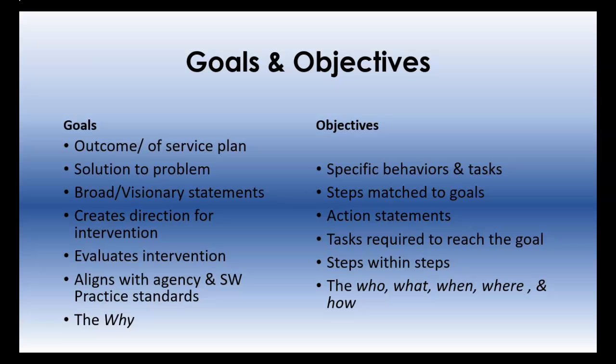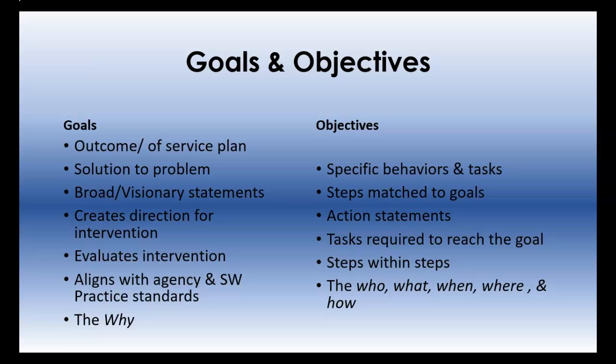A step underneath that objective would be to purchase the Association of Social Work Boards study guide. Taking a professional development or a LEAP course for licensure will be a sub-step under that. That's an example of a step within a step. So under objectives, there may be sub-objectives for those objectives as well.